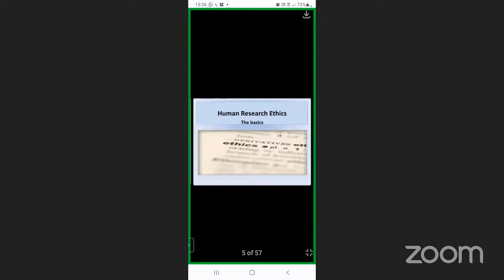These are the basics of human research ethics. If we see the basics of human research ethics, we should be centric with human values.